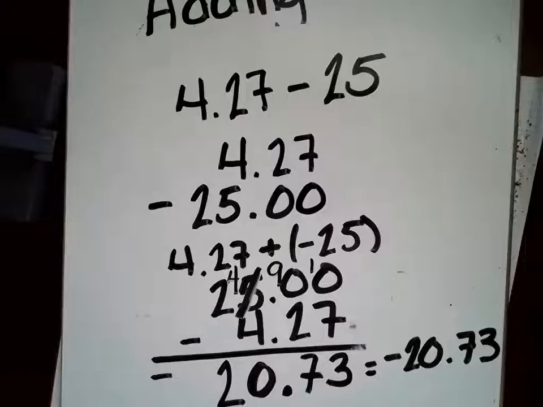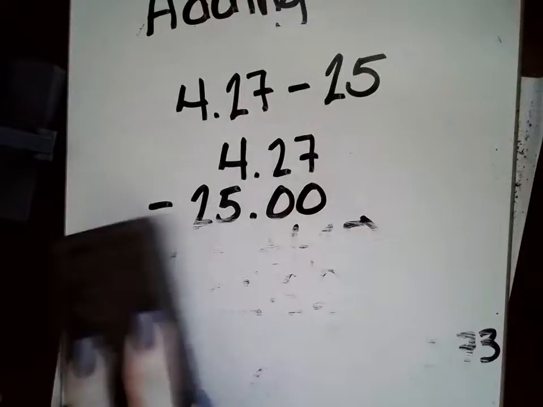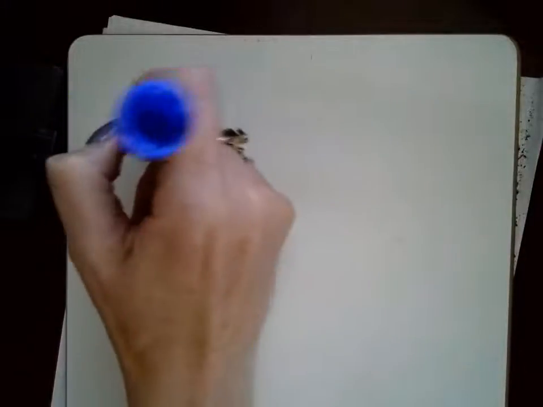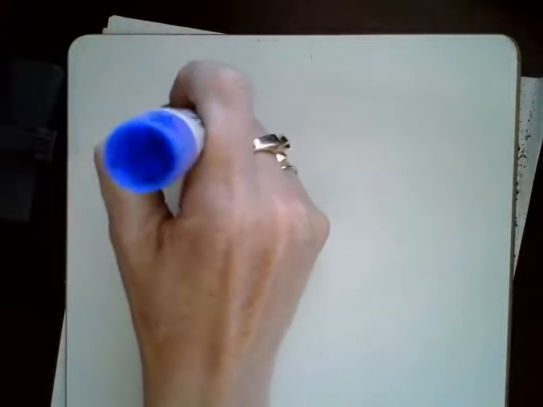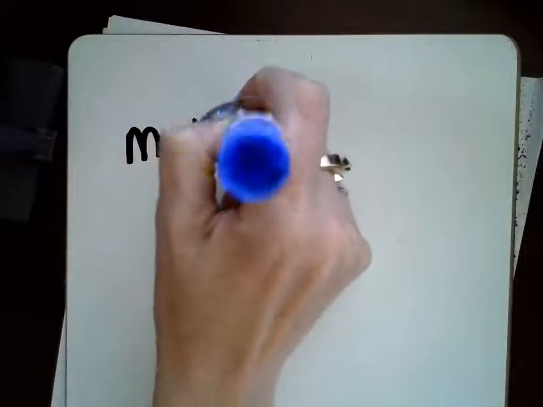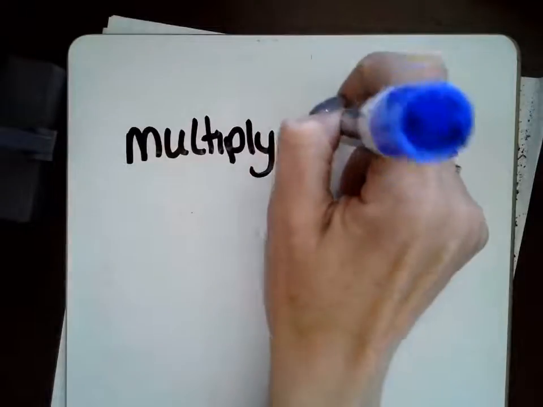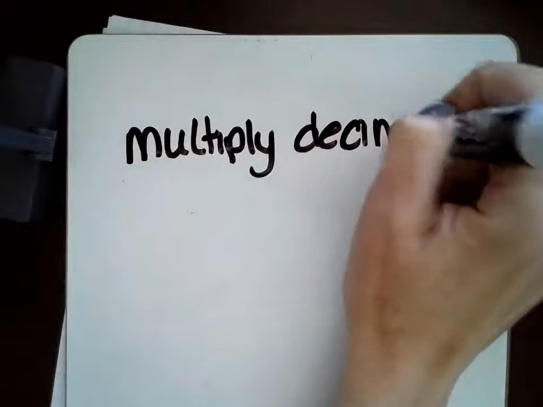When we start working with multiplication, I don't want to say it's more difficult, but the rules are just a little bit different. So when we multiply decimals, we have to be careful of our decimal places.